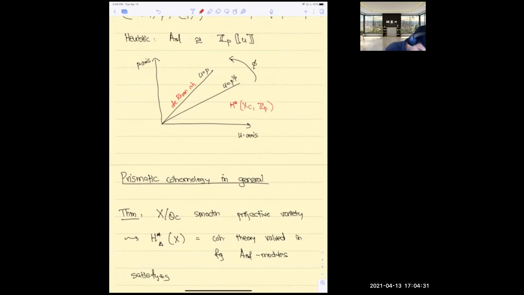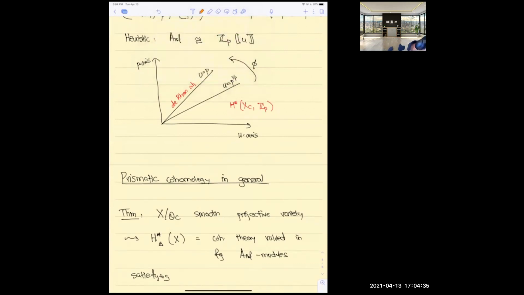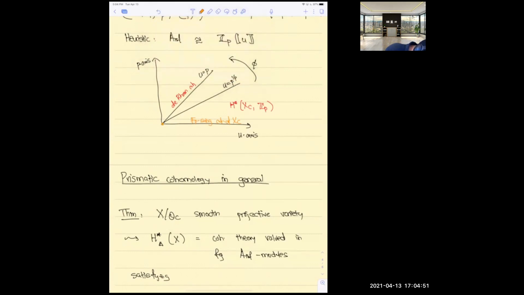In particular, I want to focus on what's happening at the level of the x-axis. On the x-axis, what I get is the FP singular cohomology of XC away from the origin. And at the origin, which is where all the interesting action is happening, what I get is the de Rham cohomology of XK.